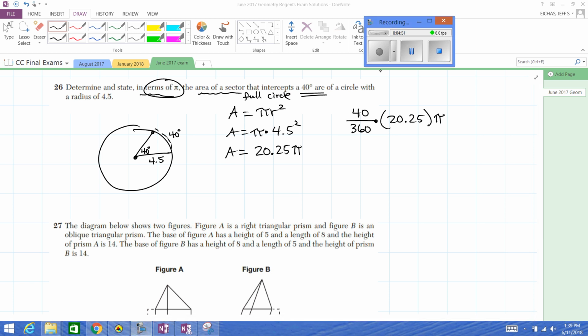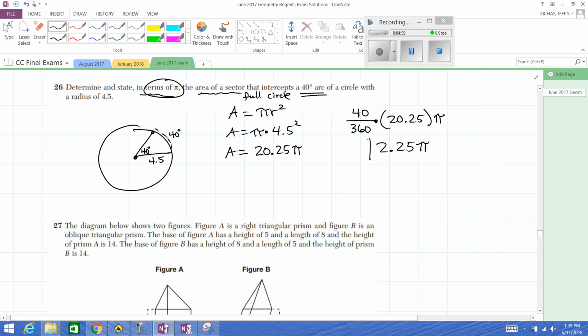So I calculated that, and you could call it 2.25 pi, which is 9/4 pi, the equivalent of whatever your calculator says. In my calculator, I don't multiply by pi. I just multiply these numbers together. It comes out 2.25, and then we attach the pi to it. Okay.